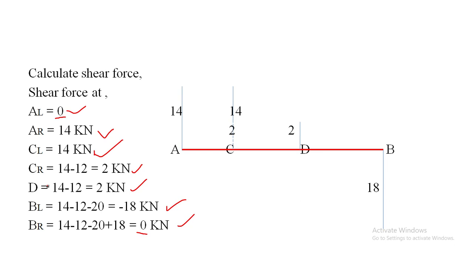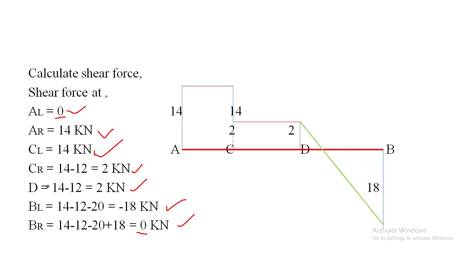Now join AC. In the main figure, between A and C there is no load, so it should be joined horizontally. Then come towards CD. In between C and D also there is no load, so it is joined with a horizontal line. Then come towards DB.